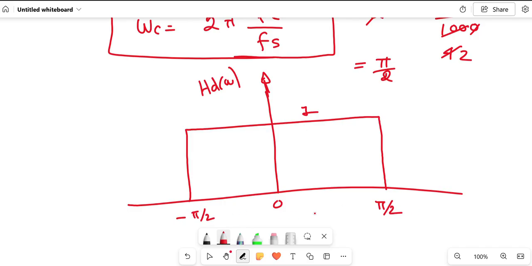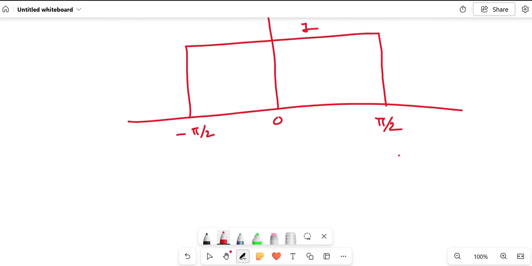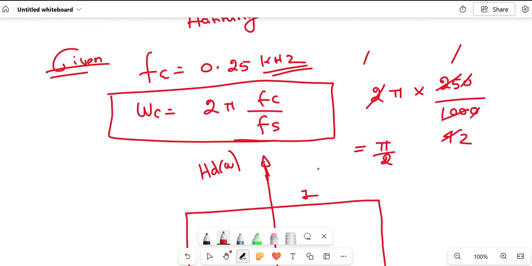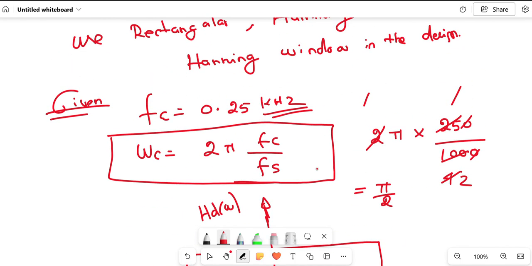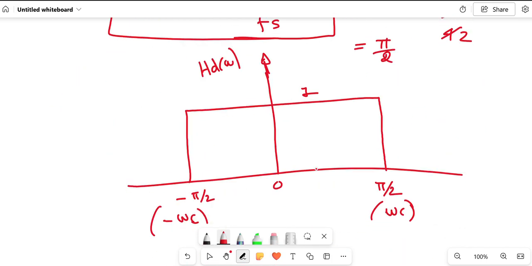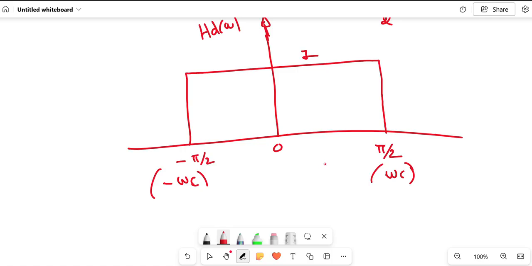This is the low pass filter, plus omega c and minus omega c. For this problem we are given the cutoff frequency and the sampling frequency, so you have to find omega c. Minus omega c to plus omega c is pi by 2 to minus pi by 2, within the range minus pi to plus pi. This is the LPF characteristics.